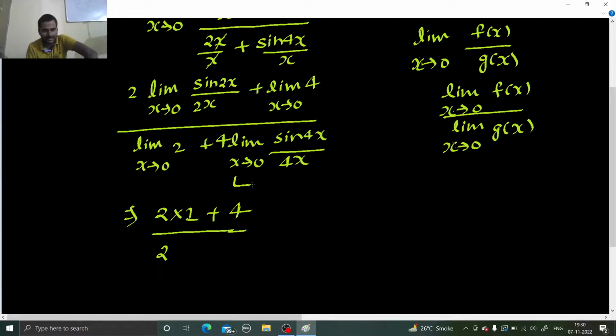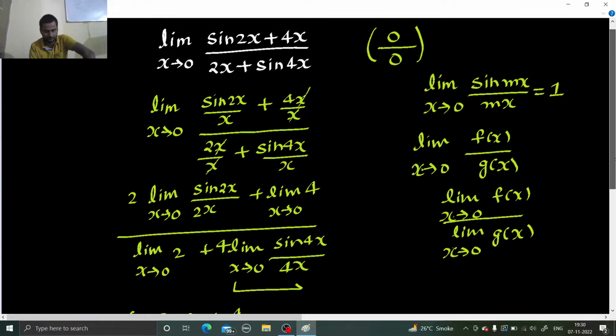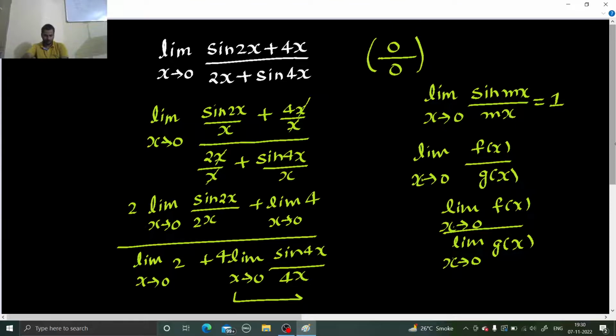Here again this term will give you 1, so plus 4. So you have a 6 in the numerator, a 6 in the denominator, and you are finally going to get 1. Fine enough, that's how simple it was. I don't think there is any sort of problem. This formula you need to remember, and this algebra of limits, obviously.